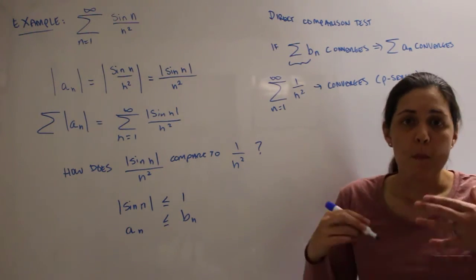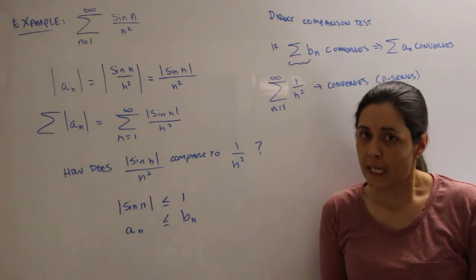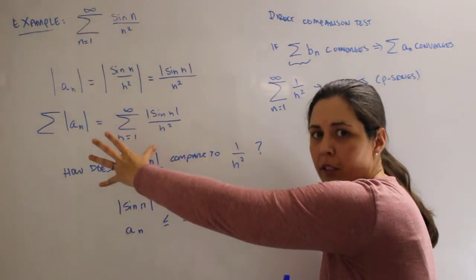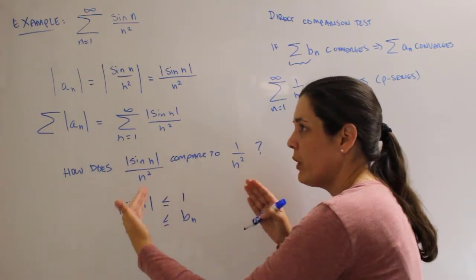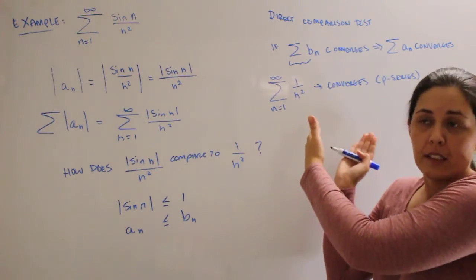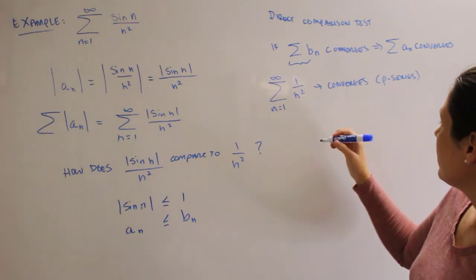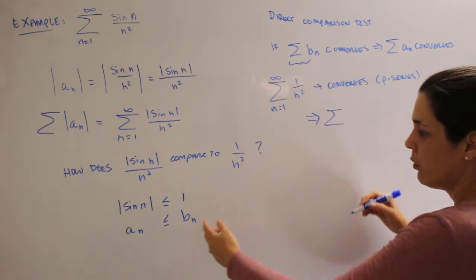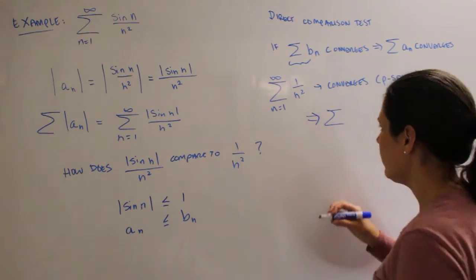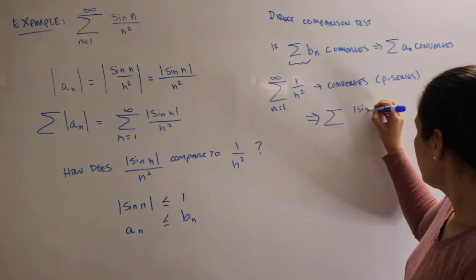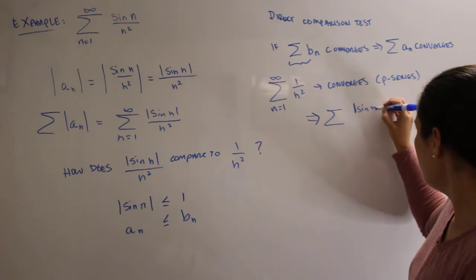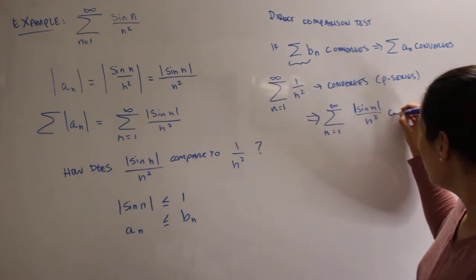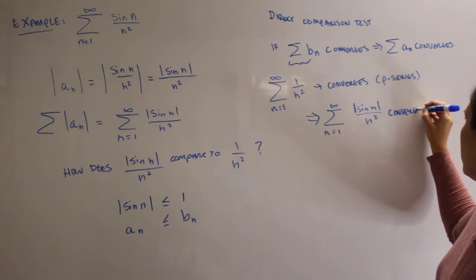So now by the direct comparison test, we're using the absolute value test, but in the process, we are then using a different test. So by the direct comparison test, this implies that our series that was based on the smaller sequence, absolute value of sine of n over n squared from 1 to infinity, also converges.